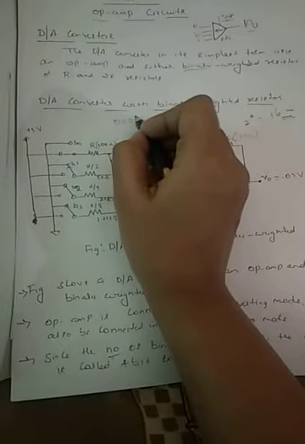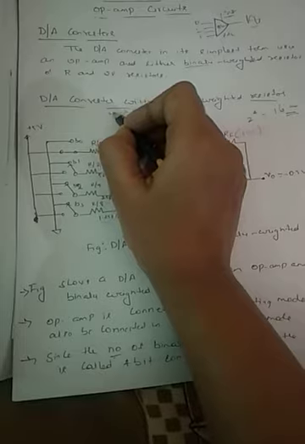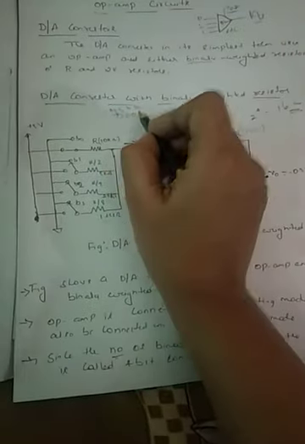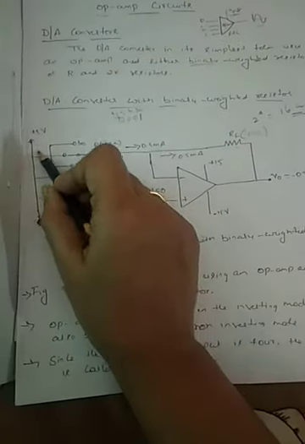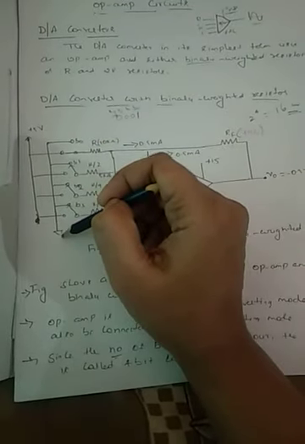Suppose switch B0 is closed, that is for the combination 0 0 0 1. If these are B0, B1, B2, B3, suppose the B0 switch is connected to plus 5 volts and the remaining switches are connected to ground.